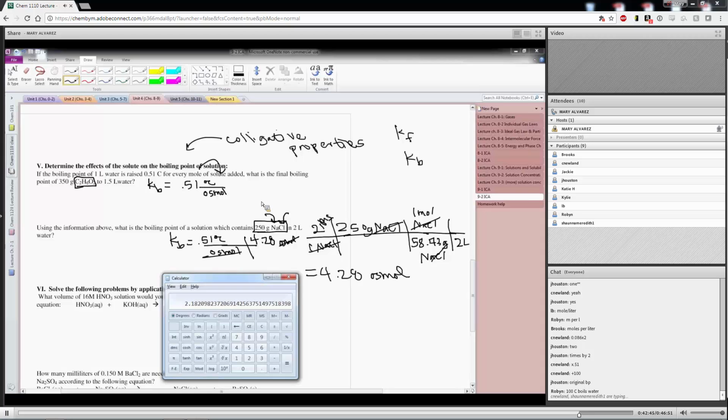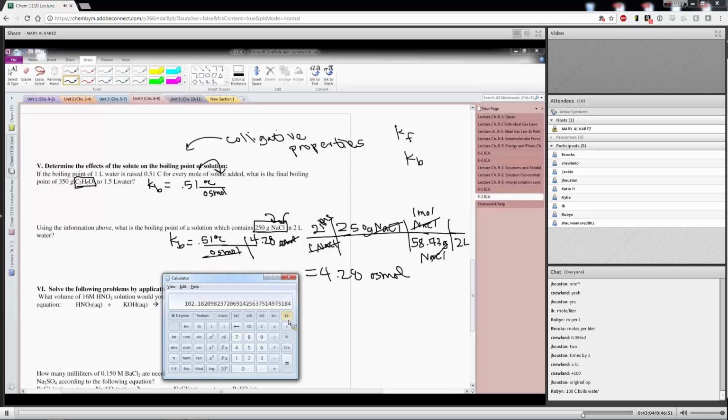So when we say boiling point elevation, we're saying this is how much higher it will boil than normal. If it normally boils at 100 and I've raised it by 2.18 degrees Celsius, now it's going to boil at 102.18 degrees Celsius.